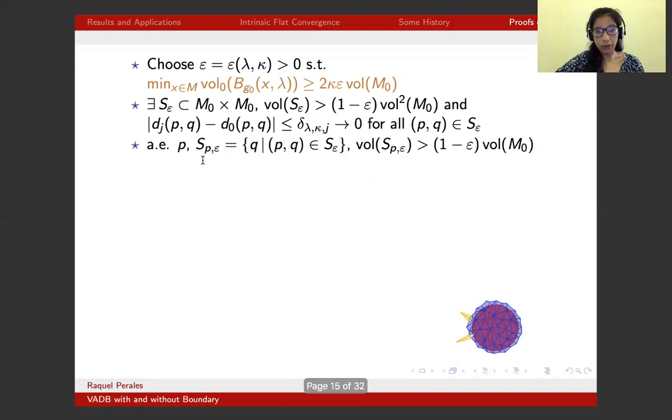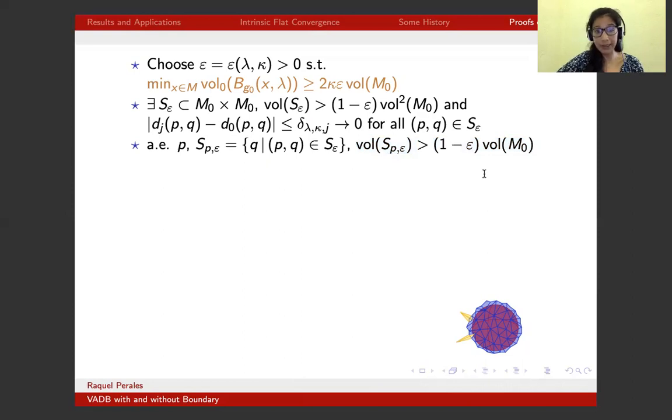So once we have this, we do the following. I have S_epsilon, and now I fix a p, and then I look at the points (p,q) that are contained in this S_epsilon. Because S_epsilon has big volume, we know that almost everywhere these slices are also going to have big volume, and they actually have volume bigger than 1 minus epsilon times the volume of M_0.